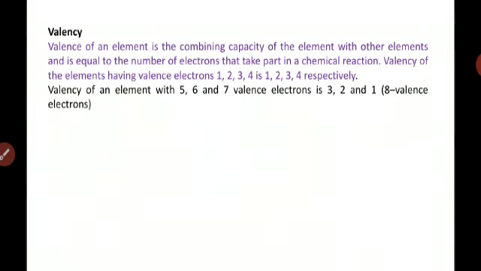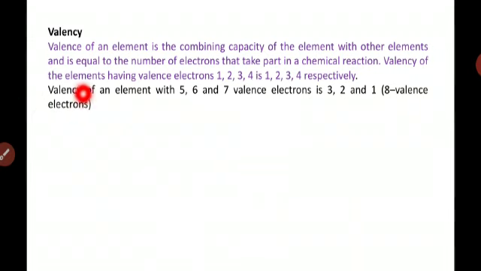The valency of an element is the combining capacity of the element with other elements and is equal to the number of electrons that take part in chemical reactions.